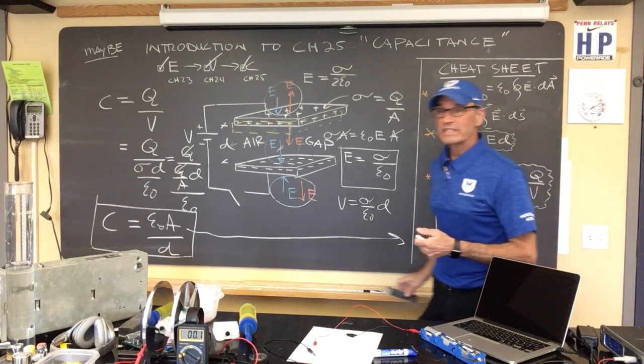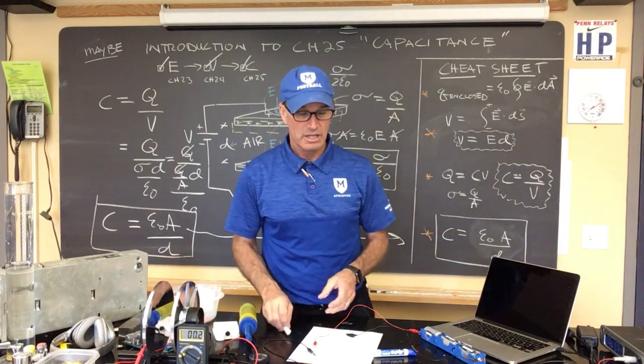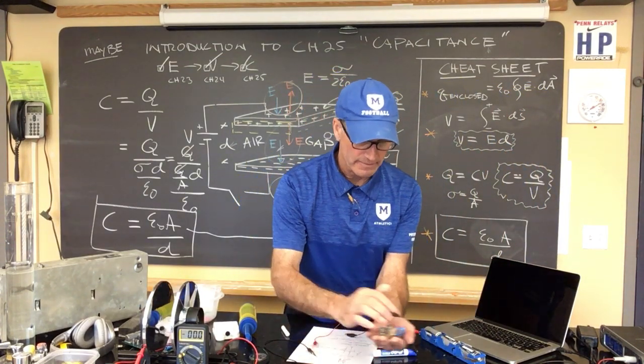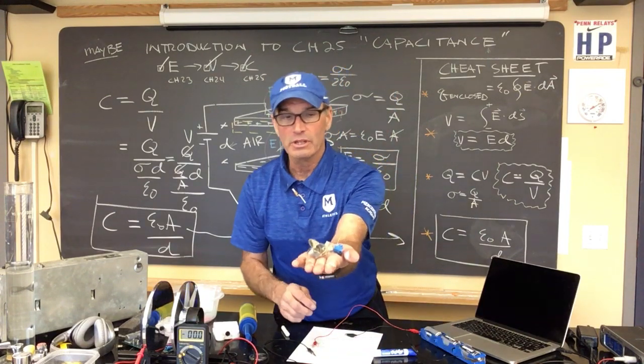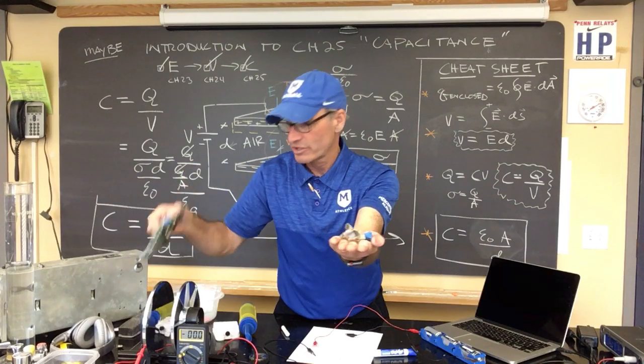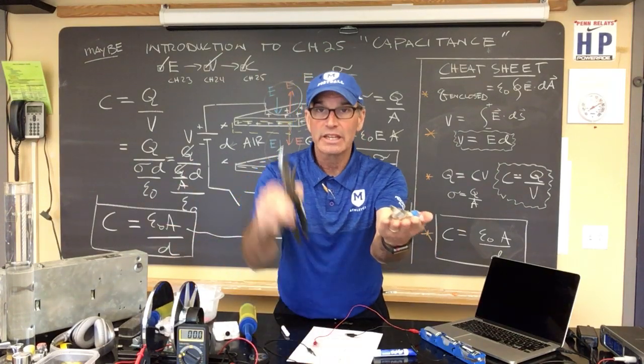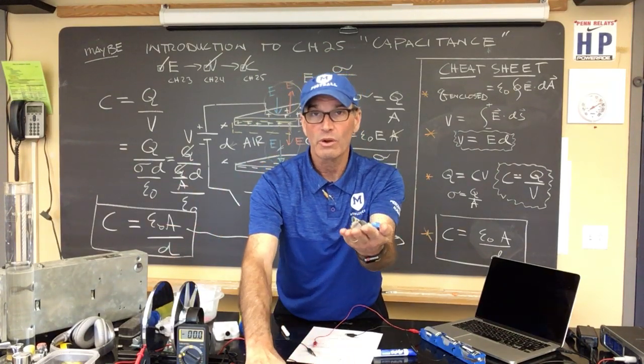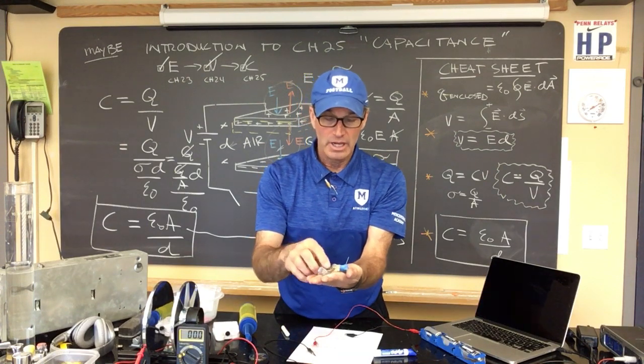Now I'm going to do a little racing because, as I mentioned earlier, I took apart that 330 microfarad capacitor, because I like to take things apart because I want to know what's going on inside.